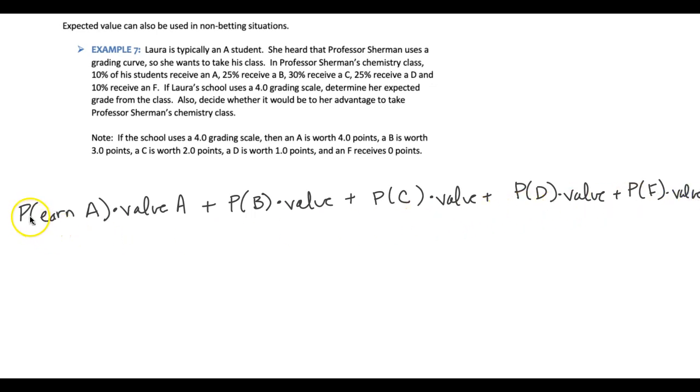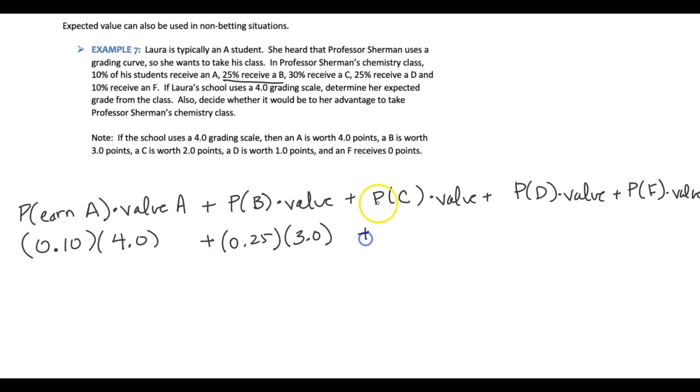So the probability of receiving an A was 10%, or as a decimal, 0.10. The value of an A is a 4.0 GPA. The probability of a B is that 25% of the class receives a B, and the value of a B is a 3.0 GPA.